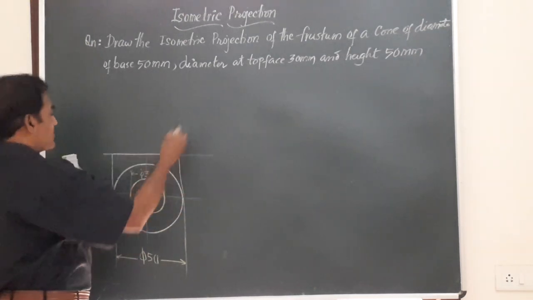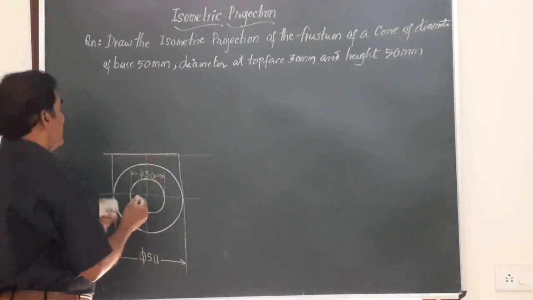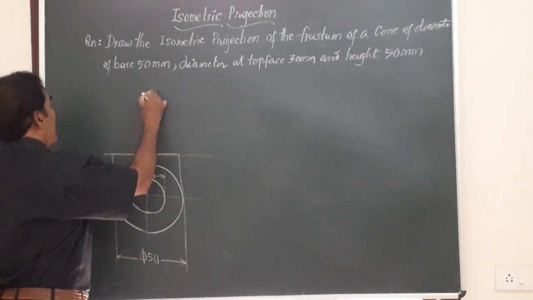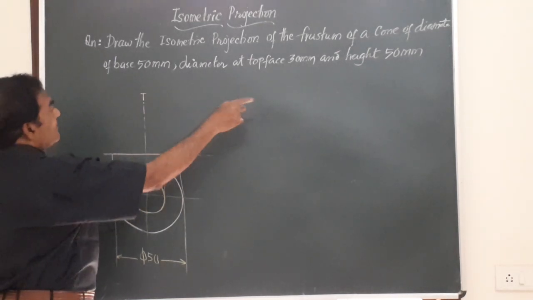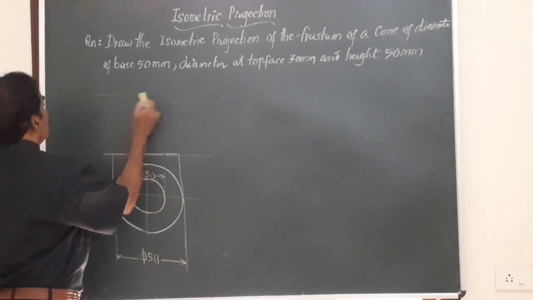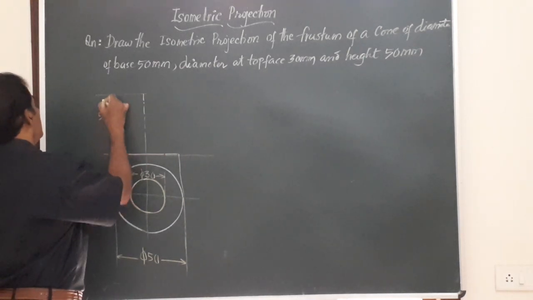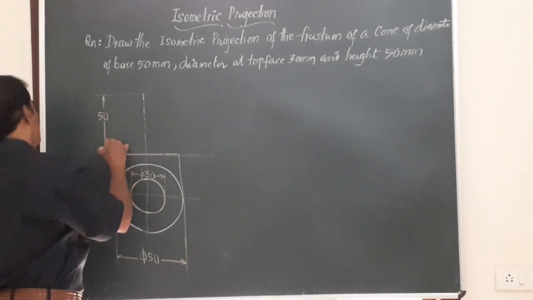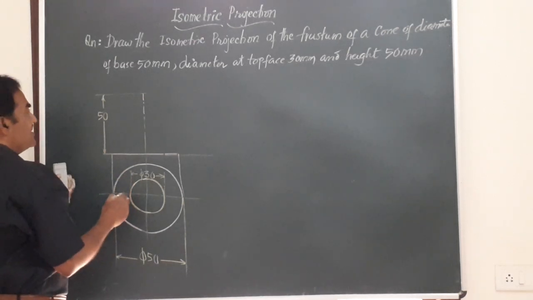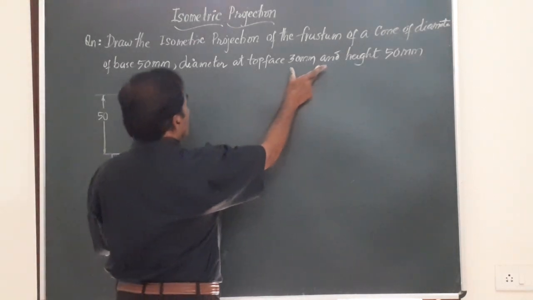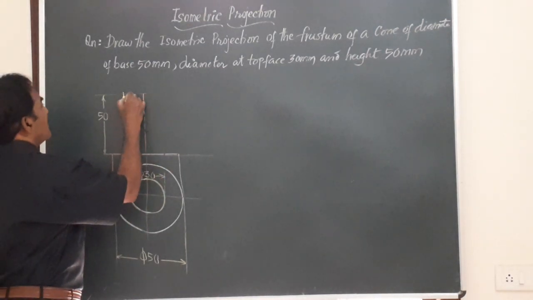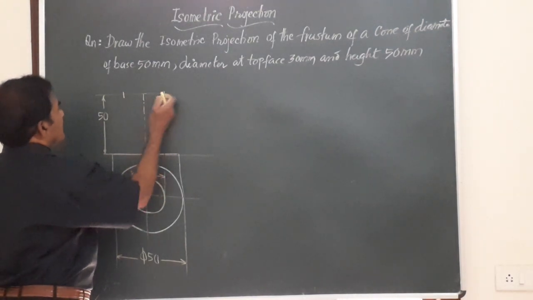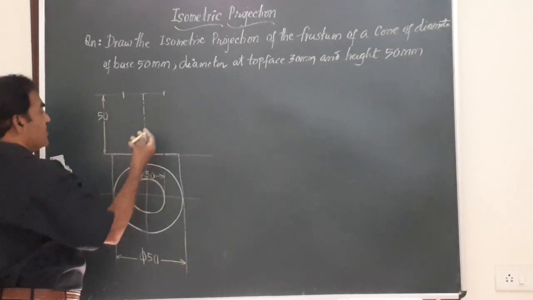Similarly, the height of the solid is given to be 50 mm. From the center here, I mark a vertical line of height equal to 50. This is 50 mm, the height of the frustum. And then at the top face, it has a 30 mm diameter, so you get 15 mm on either side of this, total 30.